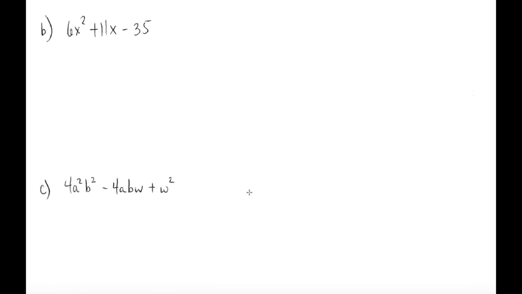For our next example, here we know that one sign has to be plus and one has to be minus. Now we have to figure out where we're going to put the first terms of each binomial and then the second terms. If we look at all the factors of 6, we have 1 times 6 and 2 times 3.